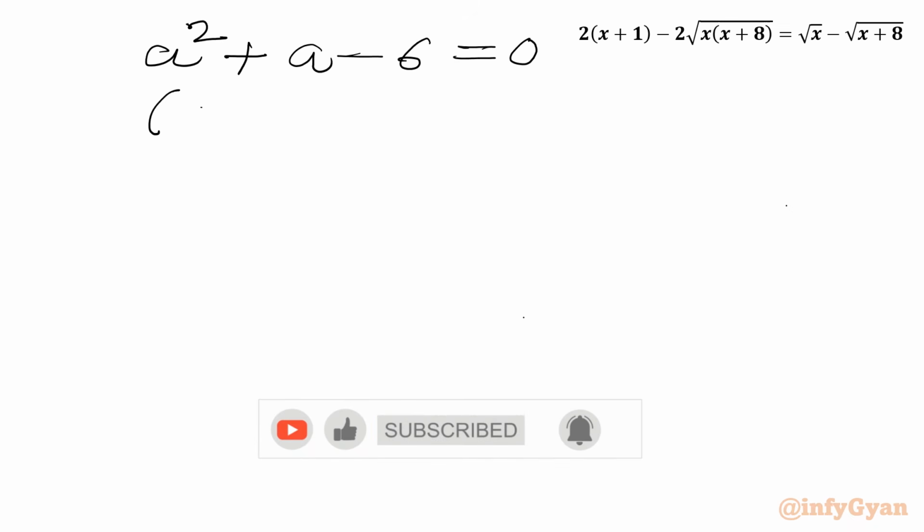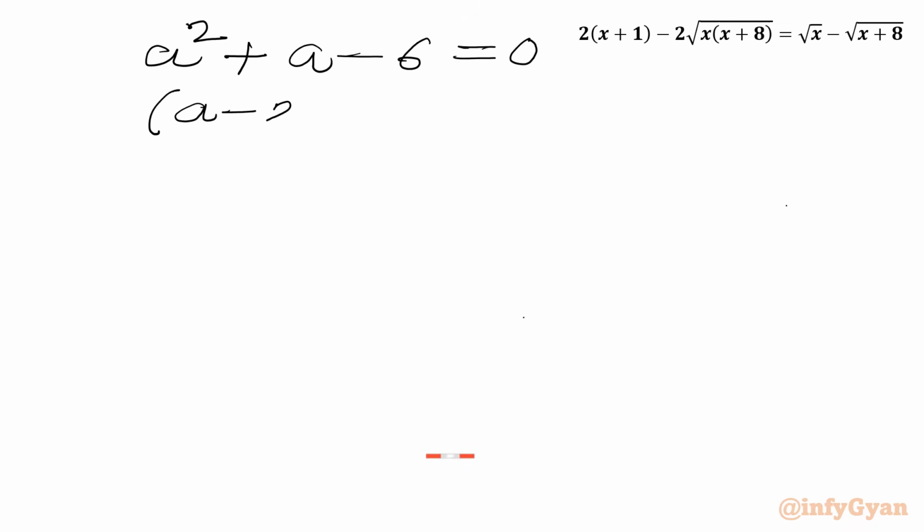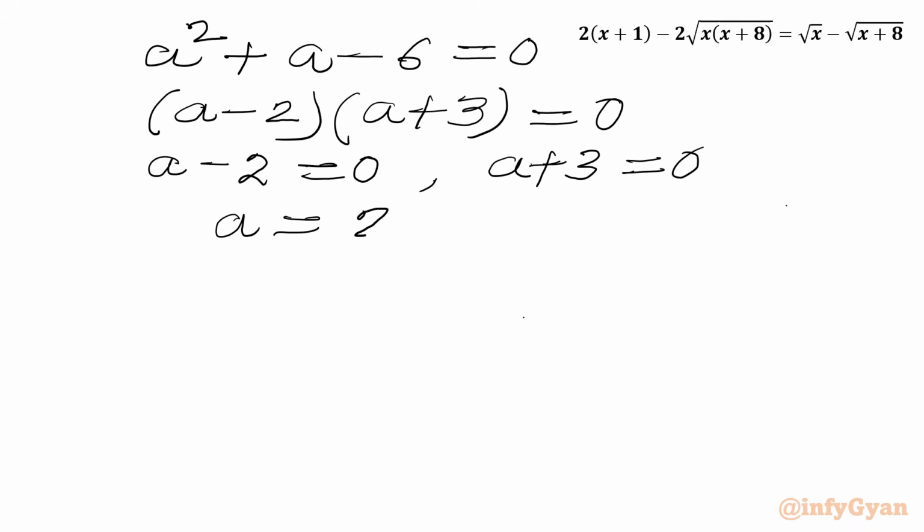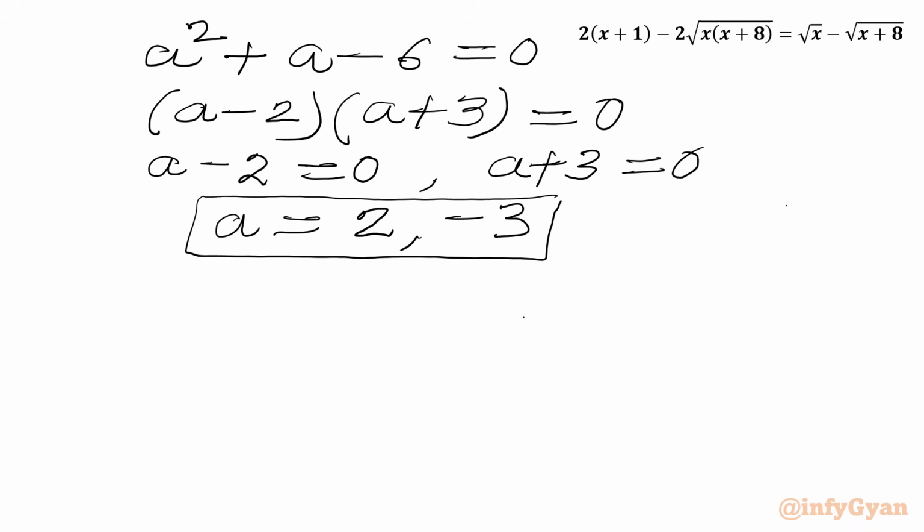We will factor and we can write (a minus 2) times (a plus 3) equal to 0. Using the zero product rule, either a minus 2 equal to 0 or a plus 3 equal to 0. So from the first equation we will get a equal to 2, and from the second equation we will get a equal to negative 3.